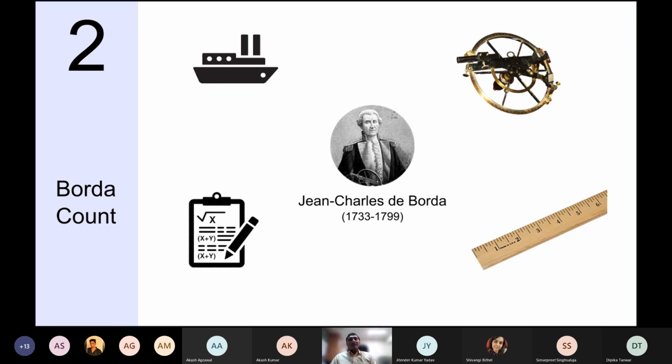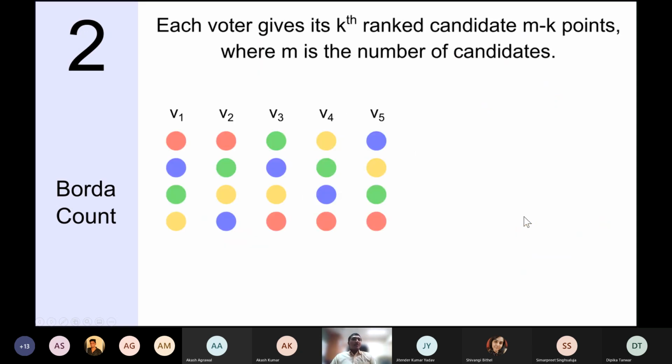This ended up in his role in the construction of what we call the meter, the unit meter. He played an important role in measurements related to that. He actually popularized the metric system in France and elsewhere. But for us, he did another good thing, which was to define the Borda count rule.